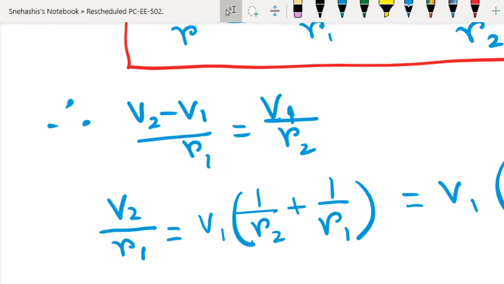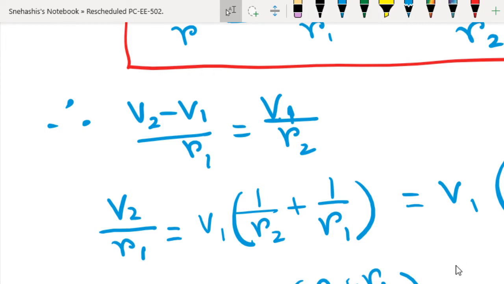So V2 itself is, R1 gets cancelled out, V1 into R1 plus R2 divided by R2.